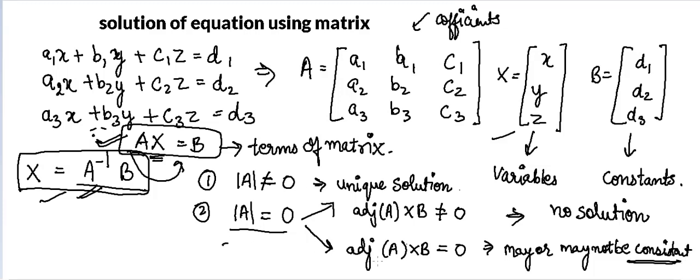If both are equal to 0, it may be consistent or it may not be consistent.